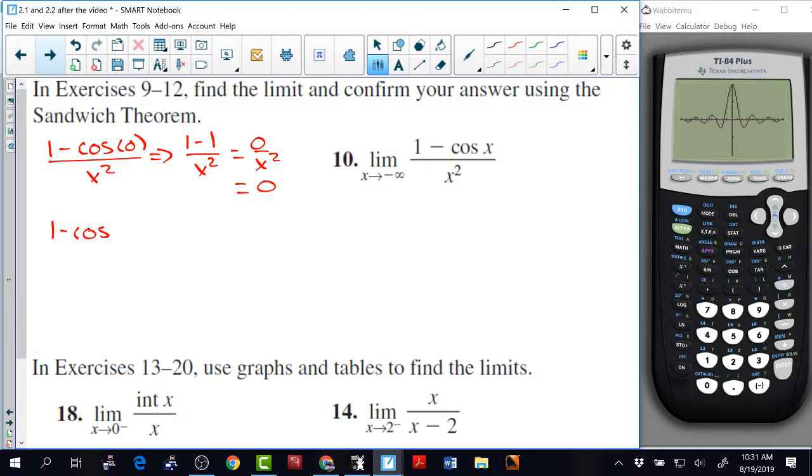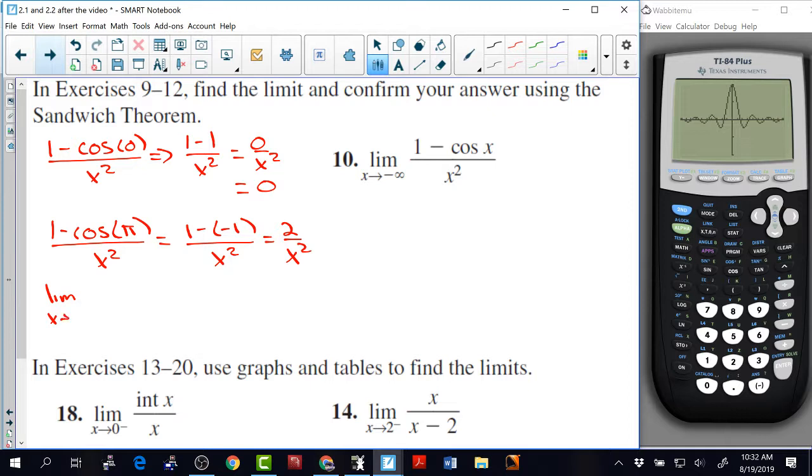At pi, cosine is negative 1. So 1 minus negative 1 over x squared. So at its highest value, this function, I mean, is at 2 over x squared. Yeah, go ahead. So is the sandwich theorem just the highest point of the function could be the lowest? Yep. Well, now I can put this in between 0 and 2 over x squared.